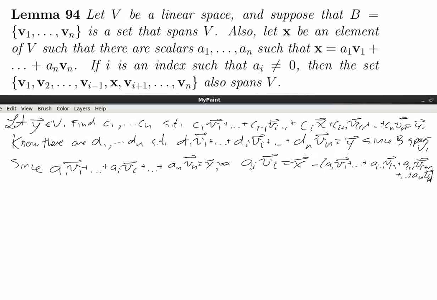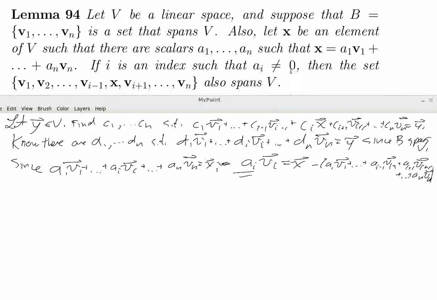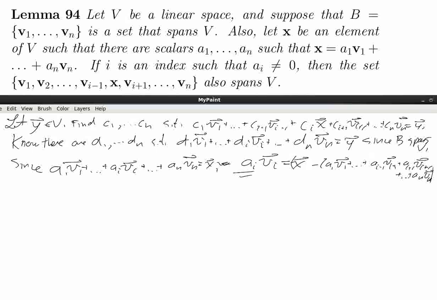And now, since ai is not equal to 0, that means it has an inverse. So what I'm going to do is write ai inverse. So I have this messy equation: vi is equal to ai inverse times all this big mess.